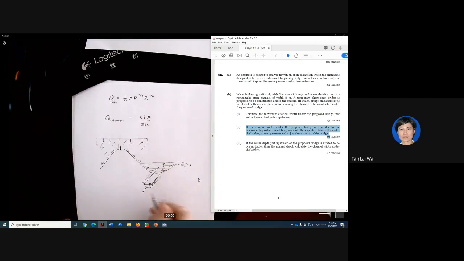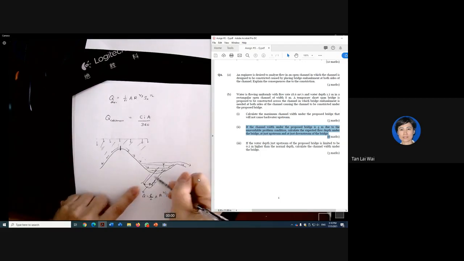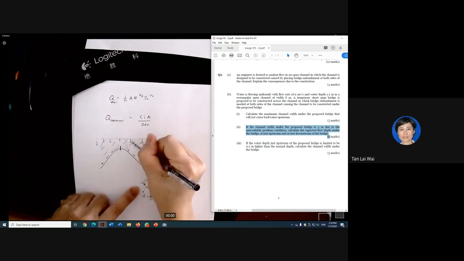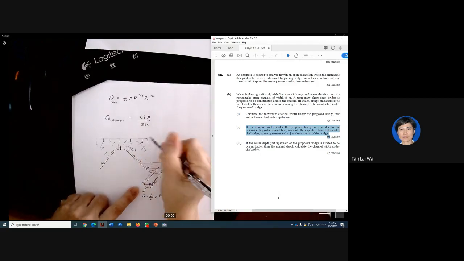The capacity of this drain, how are you going to determine it? You are going to use Manning for the drain. How much water will come in? Is it this much?